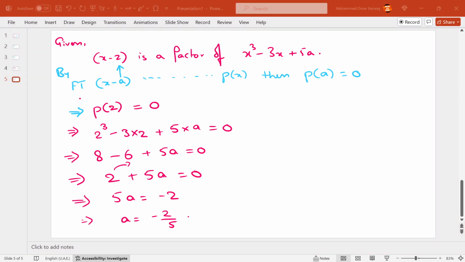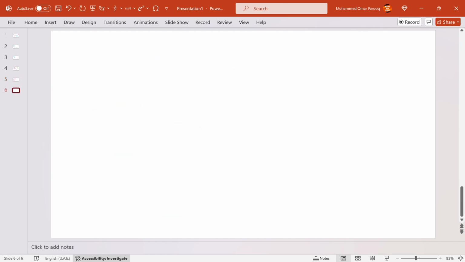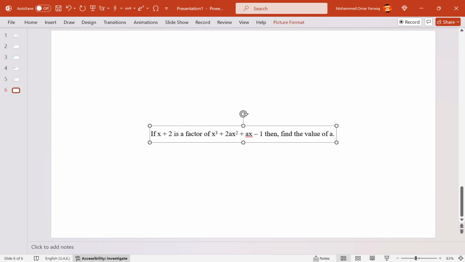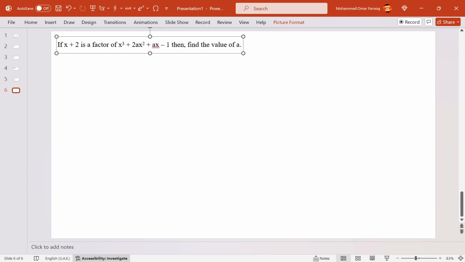So let us see the next question. The next question is also the same. If x plus 2 is a factor of x cube plus 2a x square plus ax minus 1.